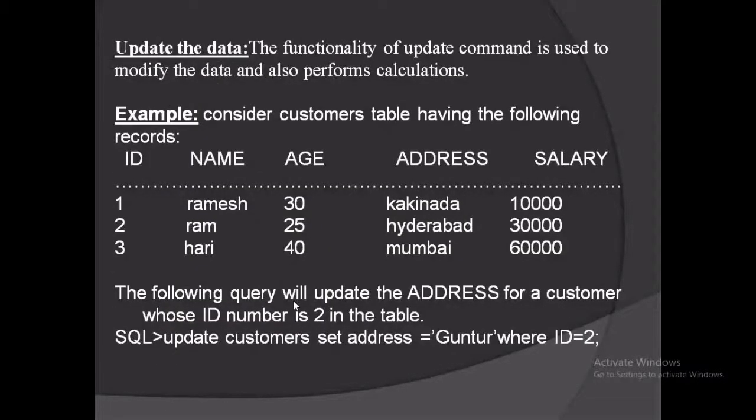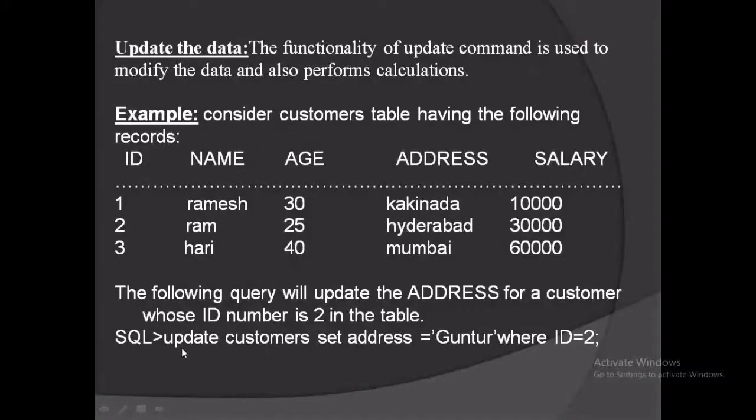Update command is used to modify the data and also perform calculations. Example, this is the customer table. I am creating the customer table and updating the second row address. So Ram's address is Hyderabad.